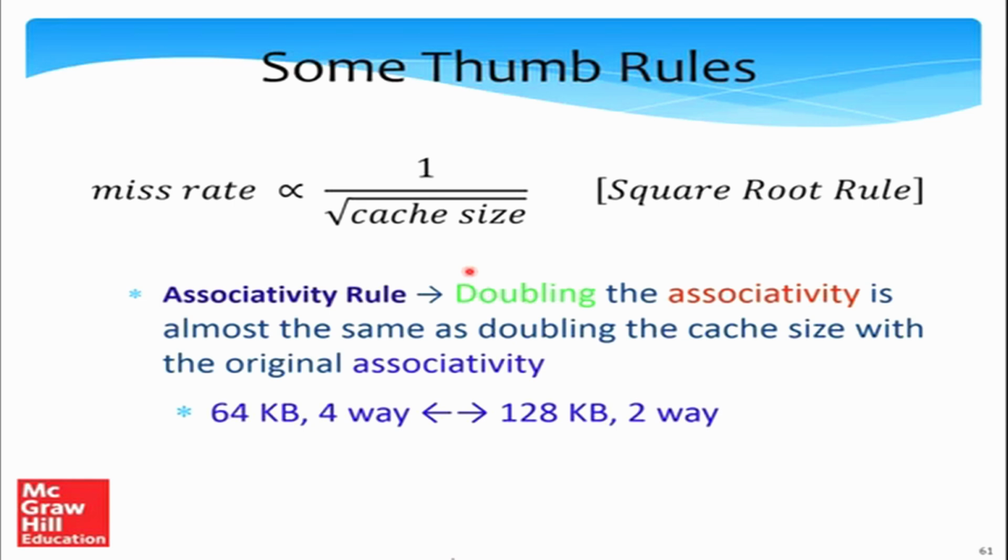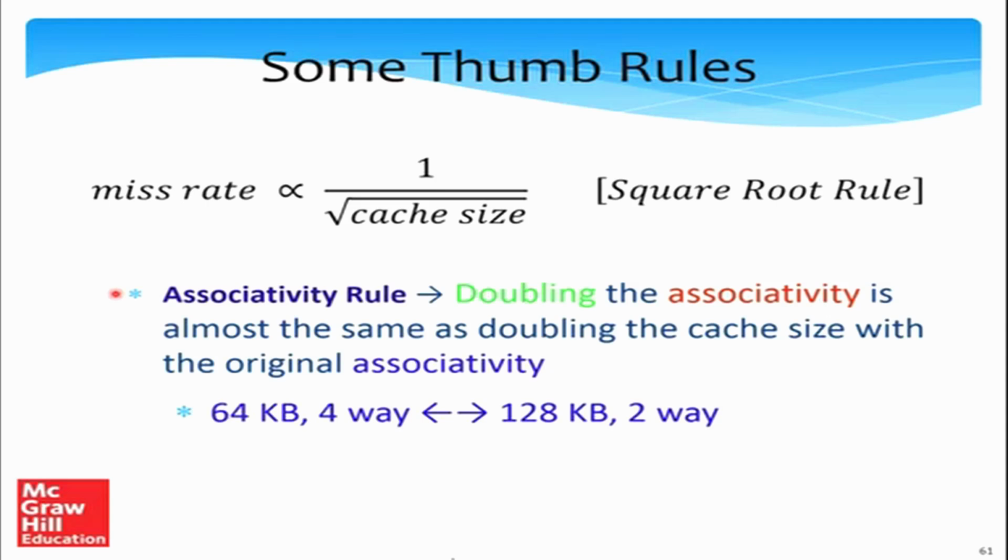As I said, it's an approximate rule. It might not be 4 times, might be 3.5, might be 5.5, but it's a good strategy to at least remember. The other is the associativity rule. This is again approximate, with no theoretical proofs, just observed in simulations and in actual processors.